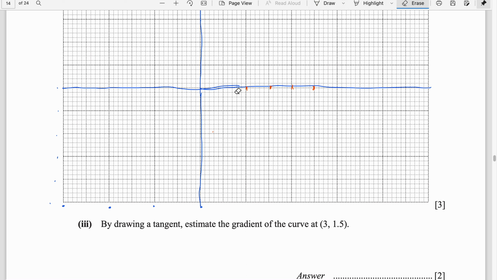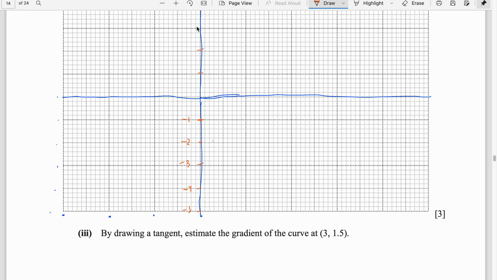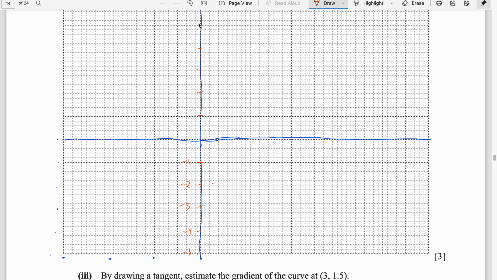Sorry, I just switched them. It was 1 centimeter on the y-axis. So this is minus 1, minus 2, minus 3, minus 4 and minus 5, and 1 to 5 going up. 2 centimeters represent 1 unit on the x-axis. Minus 1, minus 2 and minus 3.